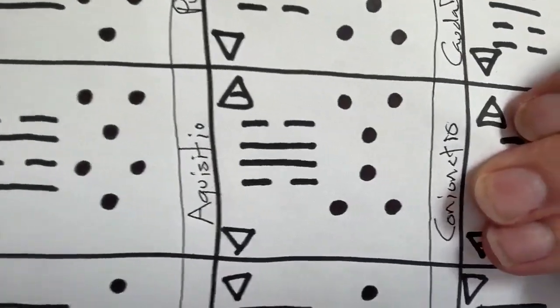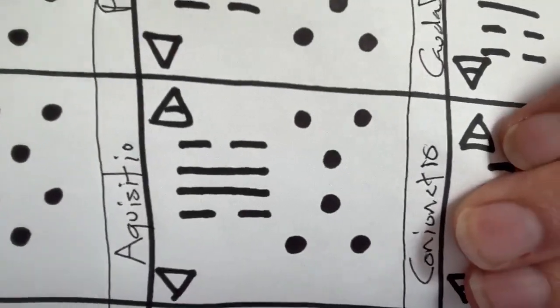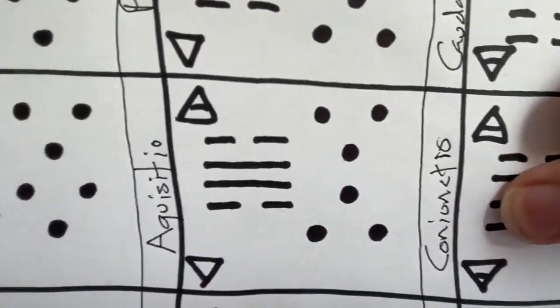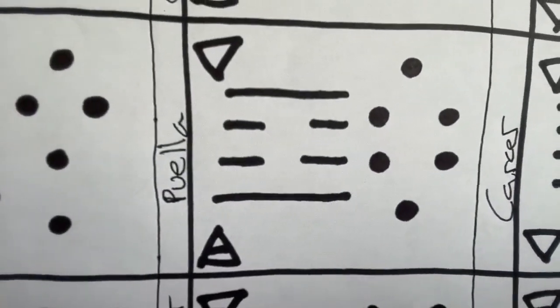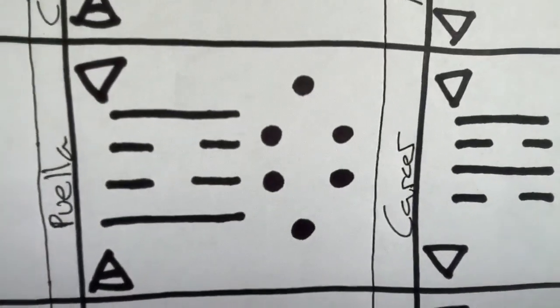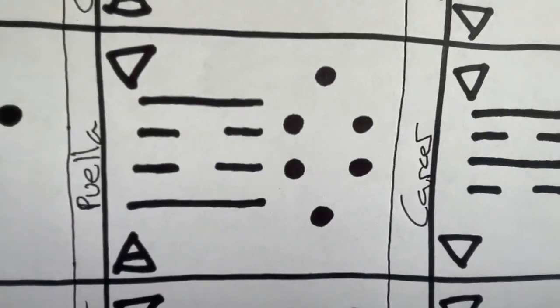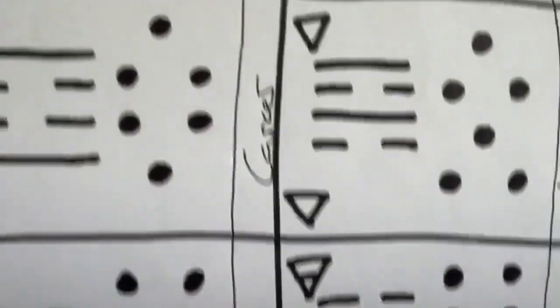I can see it at the bottom. That's the Conjunctio. And that's opposite in symbolism of Carcer. Right here, you can see how the Carcer turns in. It's like a little prison, a little hexagram prison, kind of.